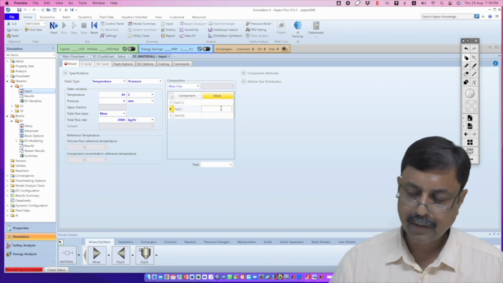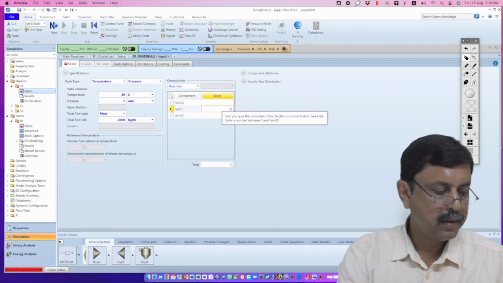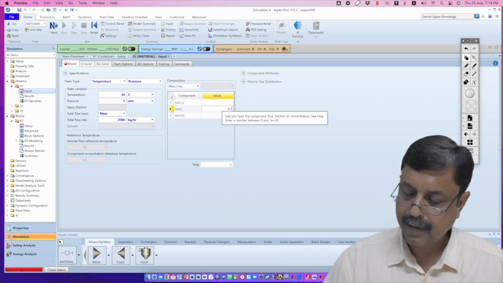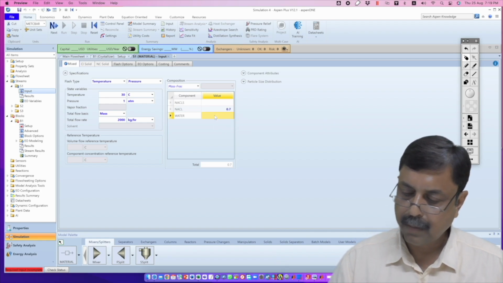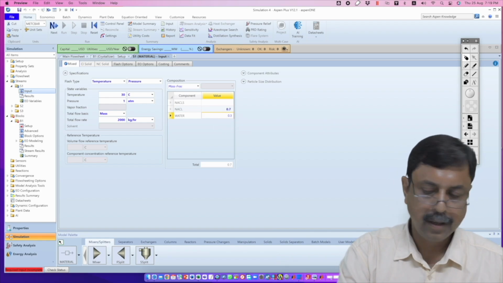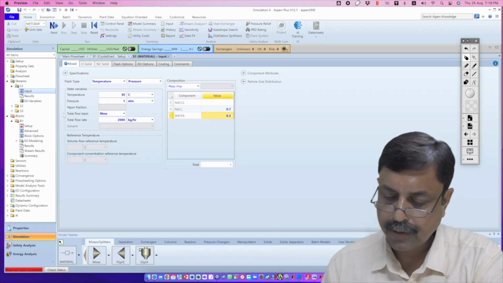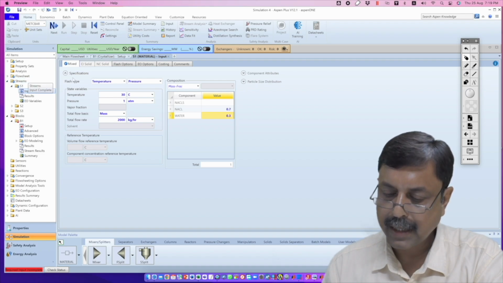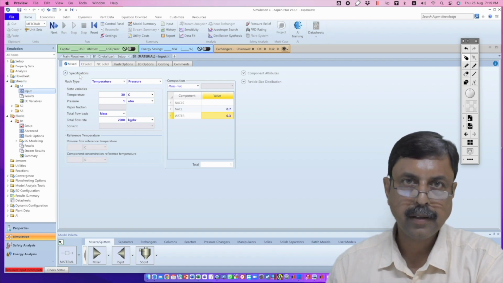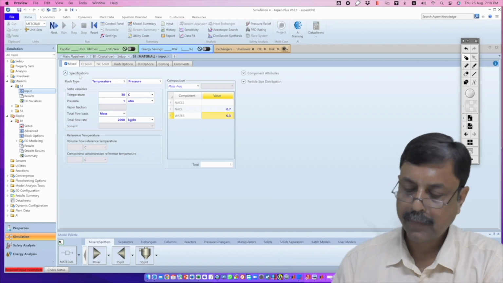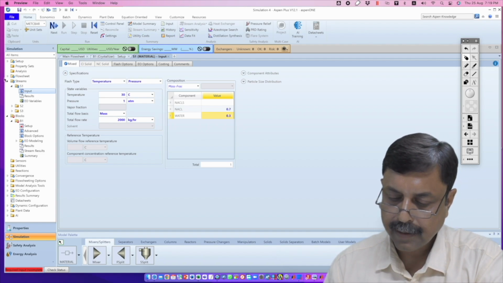NaCl is 0.7 and water will be 0.3. So the stream is specified, and there is no solid component in the inlet stream, so nothing to fix over there.